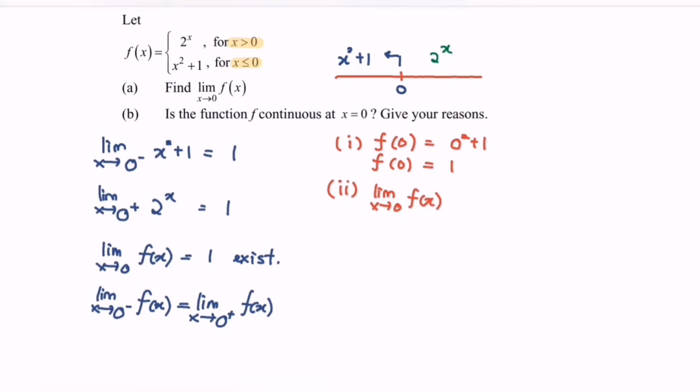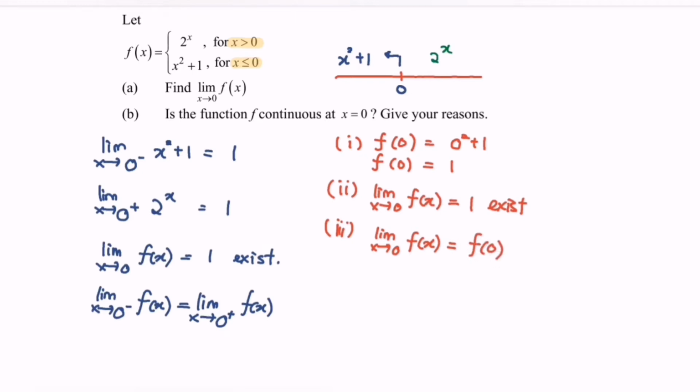For this situation, we are approaching 1 and the limit exists. Condition number 3, is the limit when x approaches 0 for the function f(x) equal to f(0)?